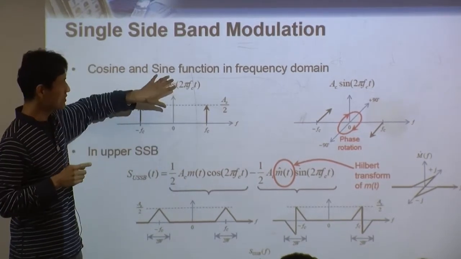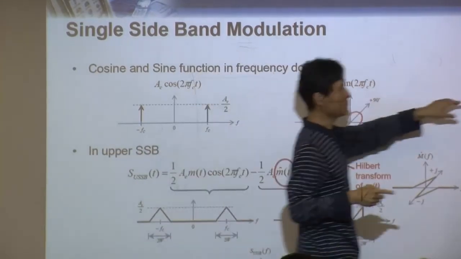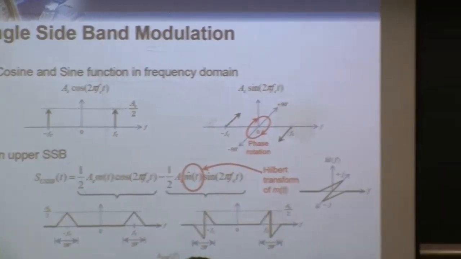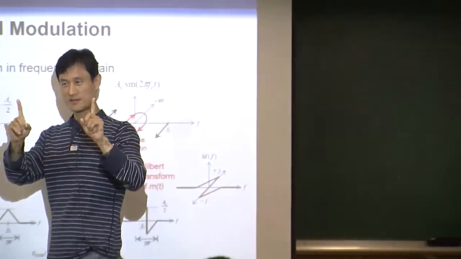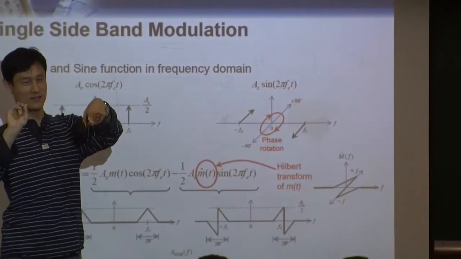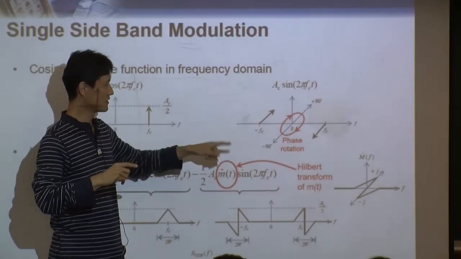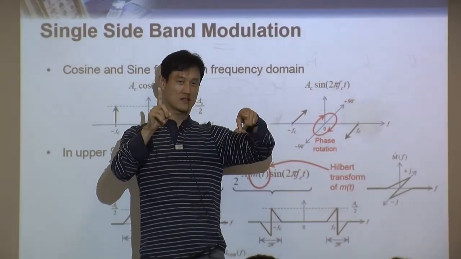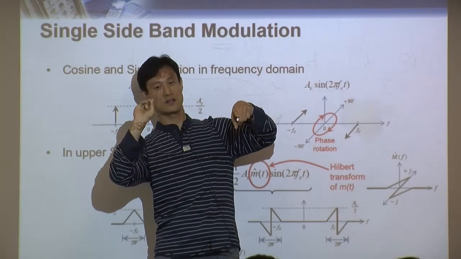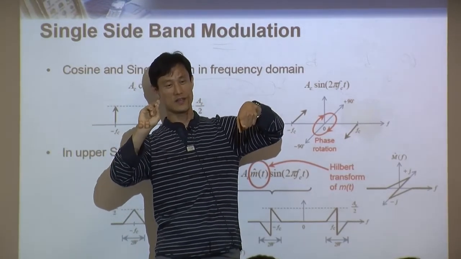Now let's put this cosine as the input to the Hilbert transform. Then what happens? It becomes like this. Positive frequency minus 90 degrees, negative frequency plus 90 degrees. Like this, right? What is that?